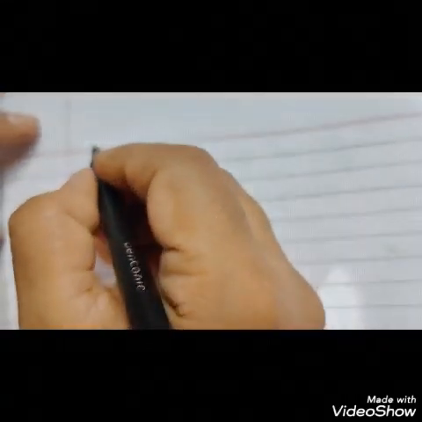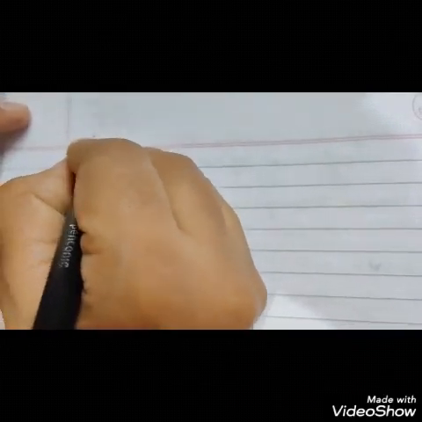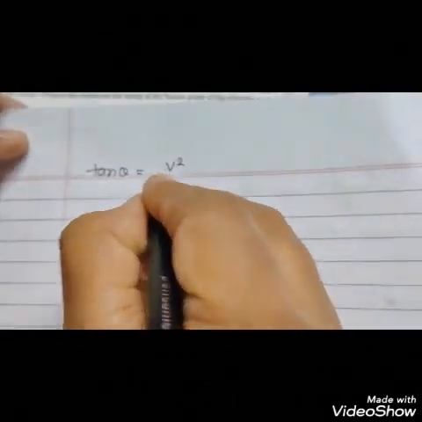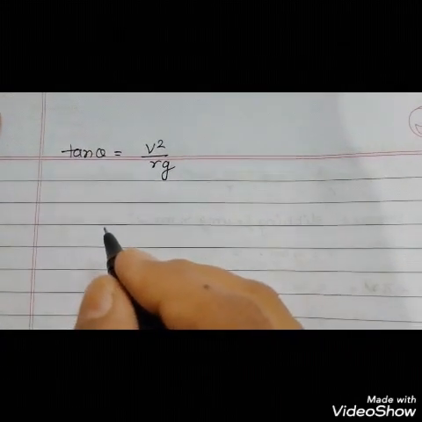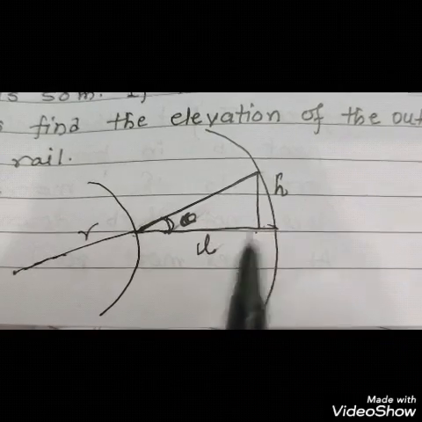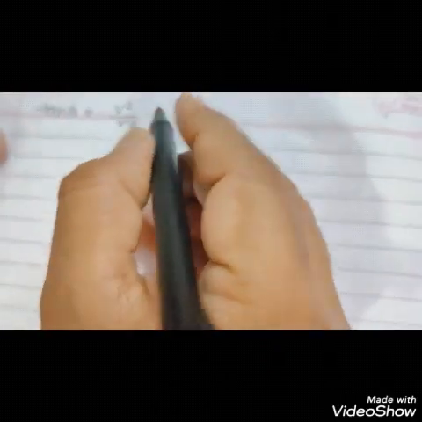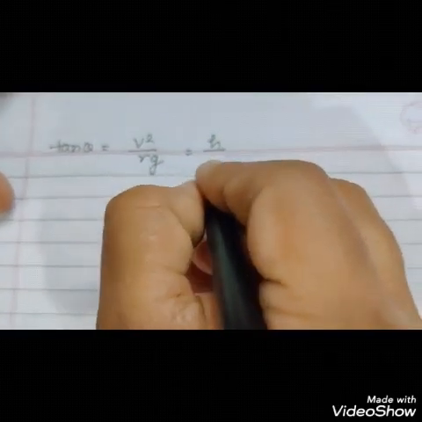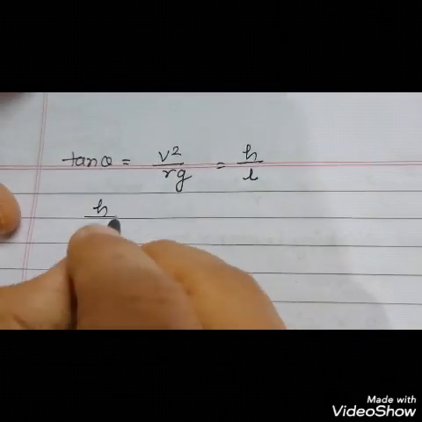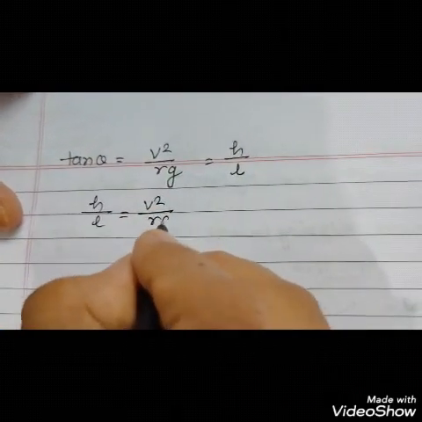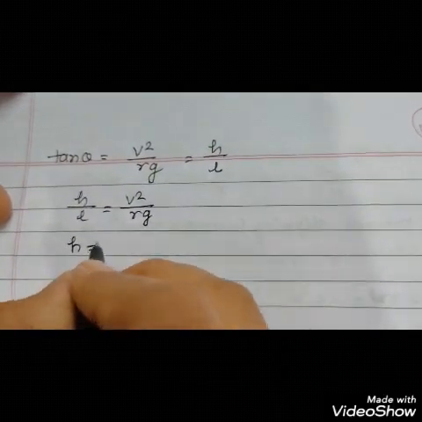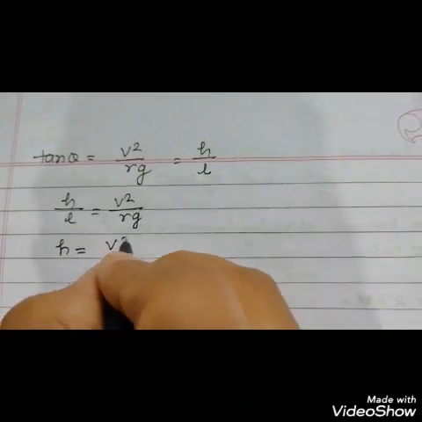In case of no friction, we have the formula tan theta is equal to v square upon rg, and from the figure we will find that tan theta is equal to h upon L. So h upon L is equal to v square upon rg, and we have to calculate h here.